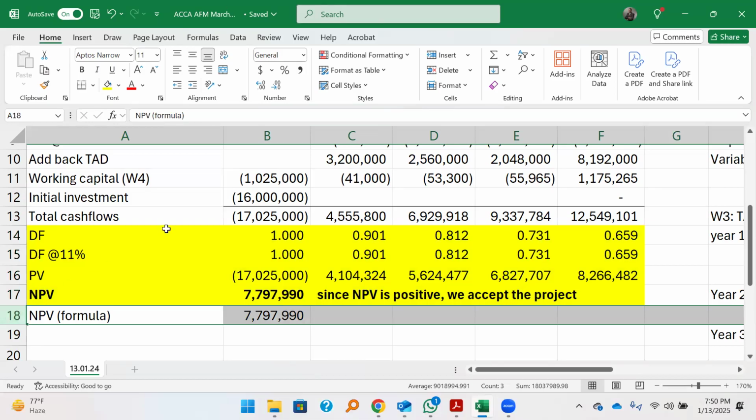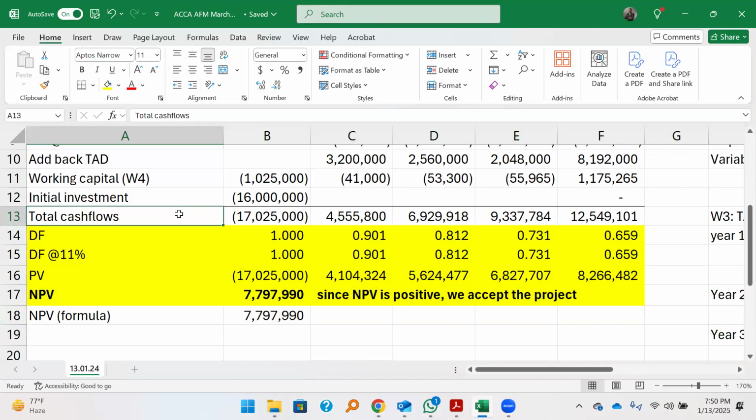So it is in your best interest that you do it this way, because you are looking for ways of saving time in the exam, not doing the most. Okay, you don't want to do the most, you just want to do the right thing, but in the fastest time period. So before we move on, are there any questions regarding this computation?